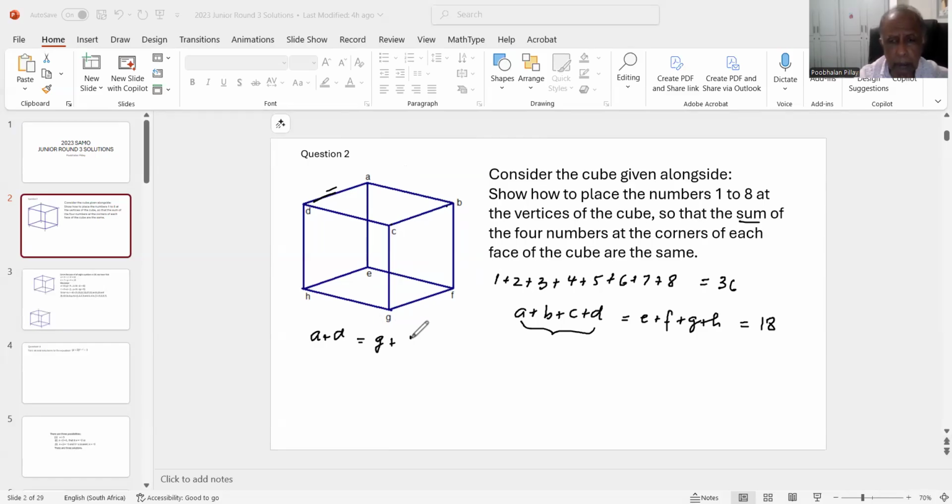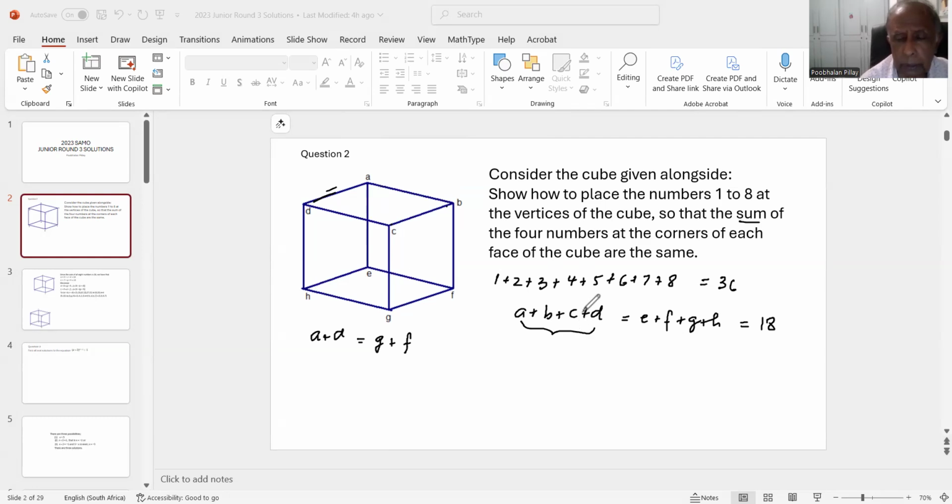So this sum is equal to this sum here. So likewise, this sum here, if you go down the face, will be the same as this sum. And this vertical sum here, for instance, is the same as the vertical sum here. So you get quite a few like that.